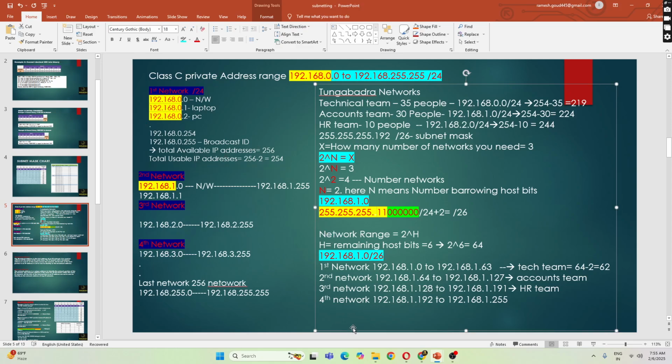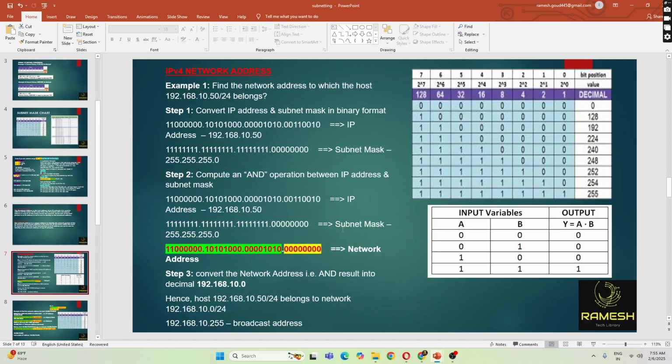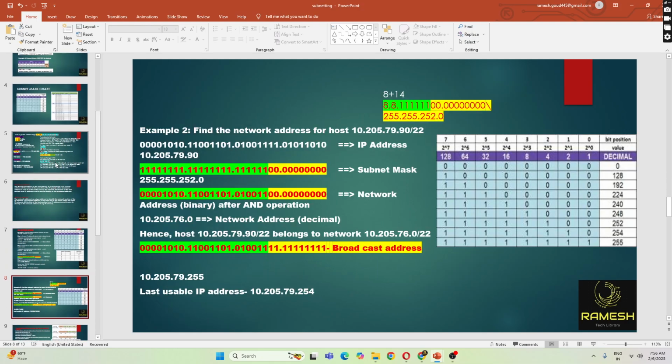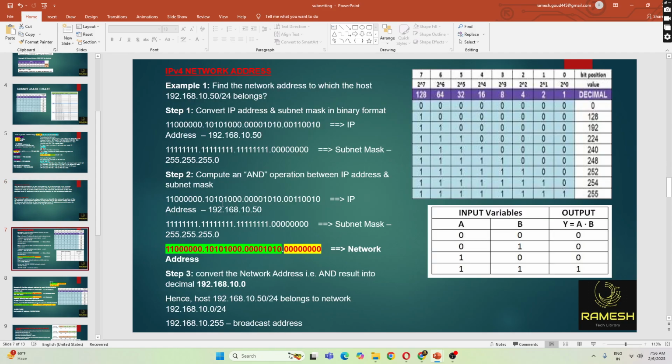This is just the first half. The second half is exercises. These exercises are very, very important. I will explain these exercises tomorrow. I was supposed to take subnetting in one class, but I don't want to go fast because you have to understand these concepts clearly. There are plenty of exercises.